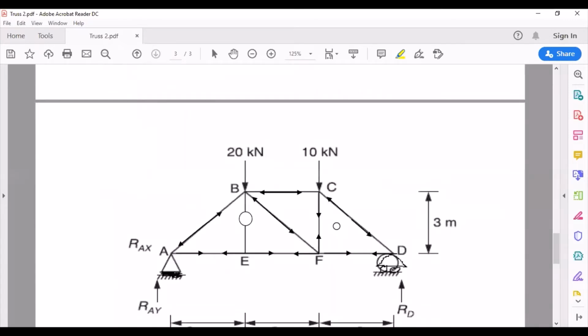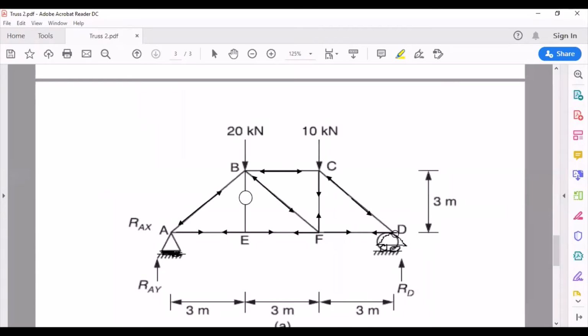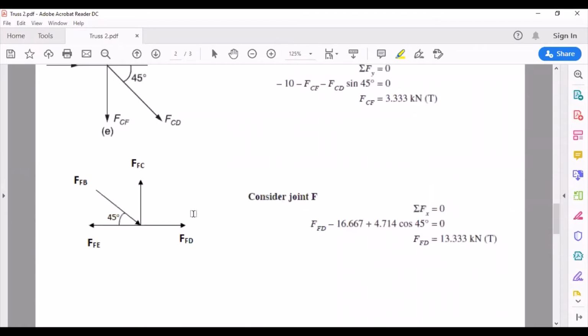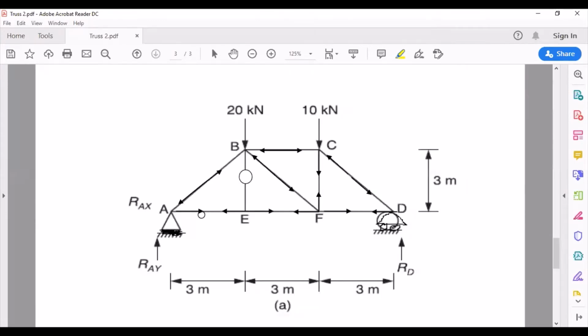So you can see it is moving away, therefore from D also it is moving away. You should always keep one diagram ready, so that as you finish each joint, you show the arrows for those members. For example, when I finished joint A, AB and AE became known.